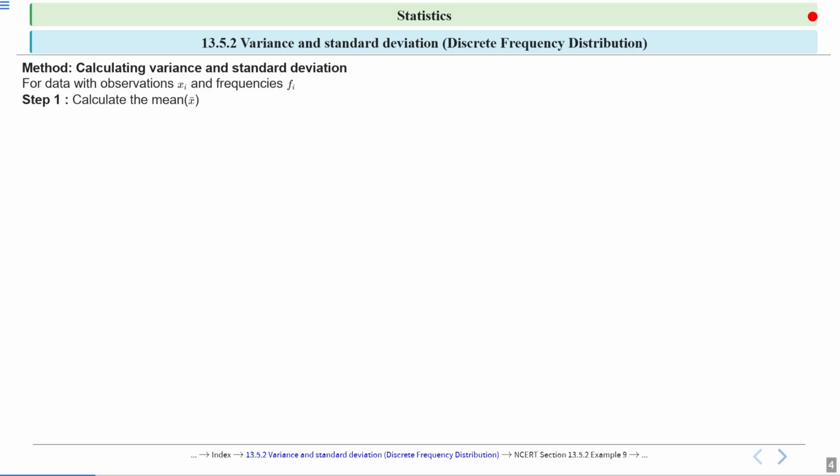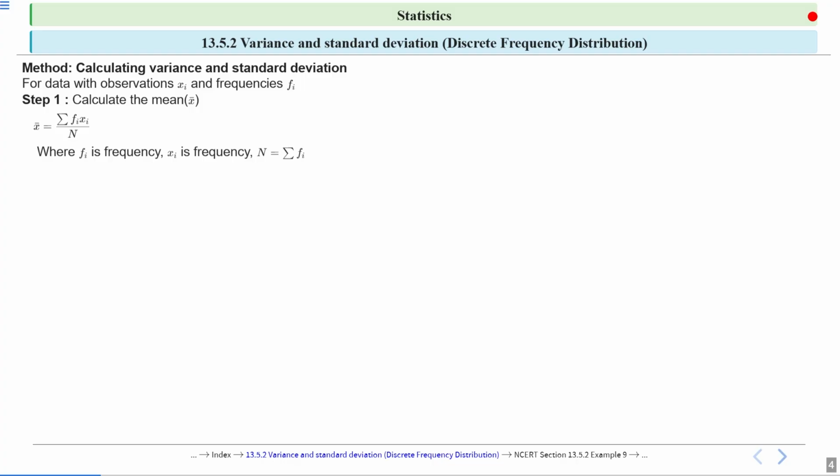Step 1 is to calculate the mean, which we call x bar, and x bar is equal to sum of fi times xi divided by n.